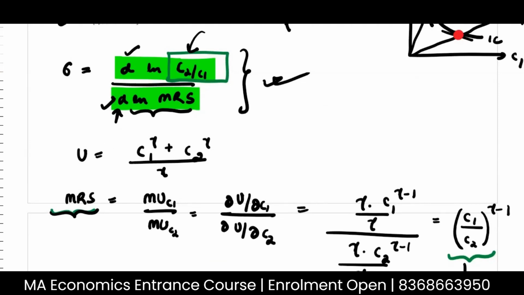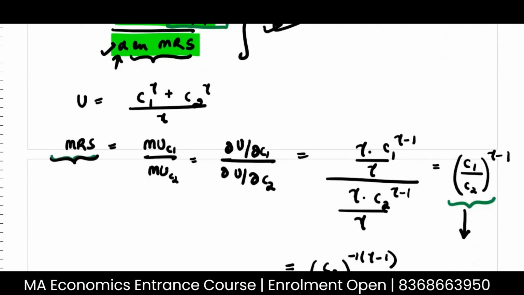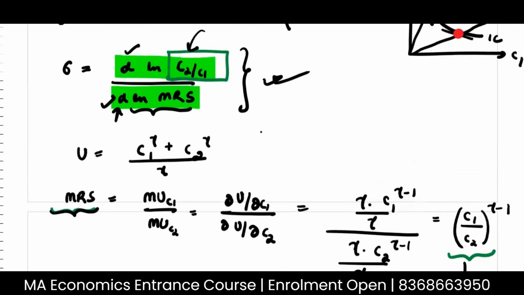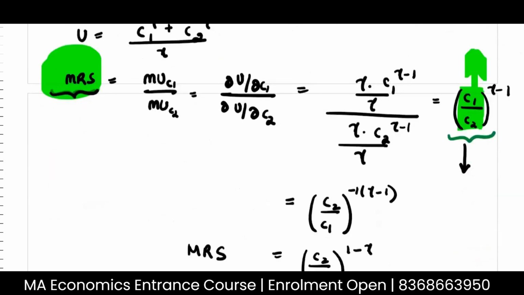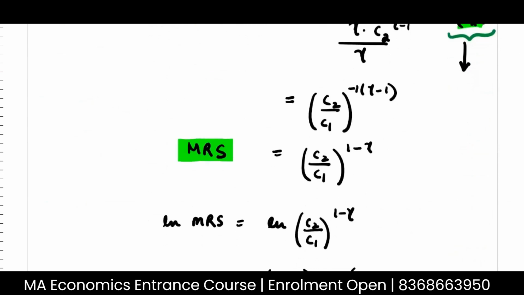No. In most of the cases, and we know when, if it is a homothetic function, MRS will actually be a ratio of C1 and C2. So you will be able to get your numerator only by solving MRS. See, like this. I got MRS as a function of C2 by C1.